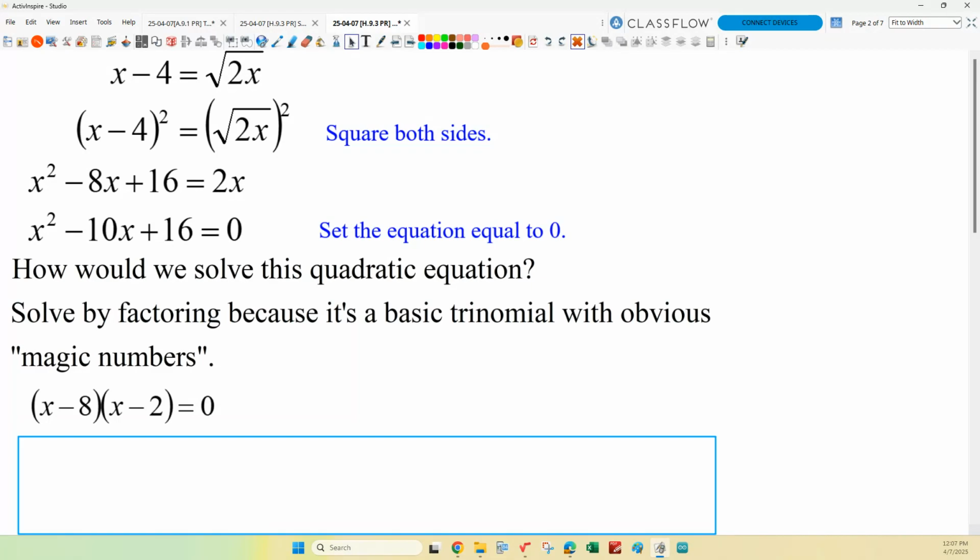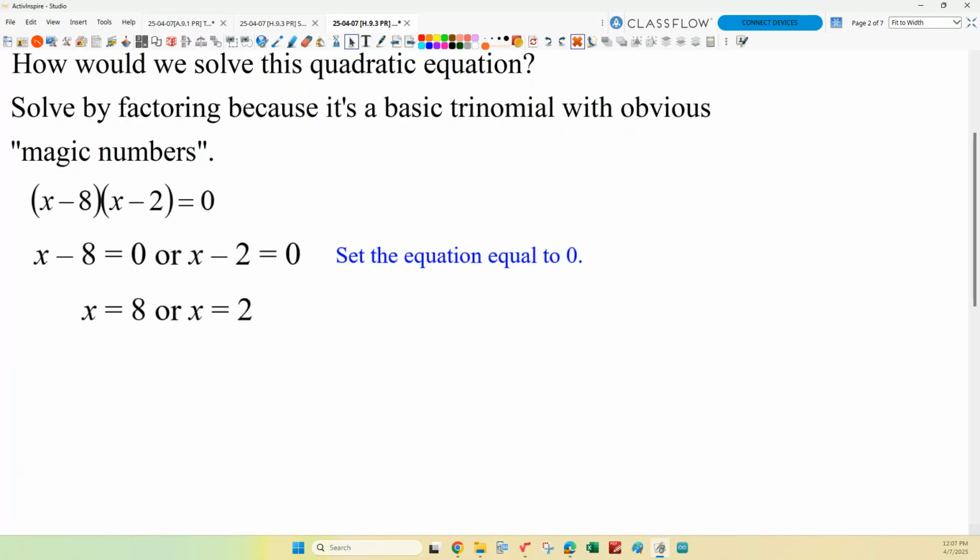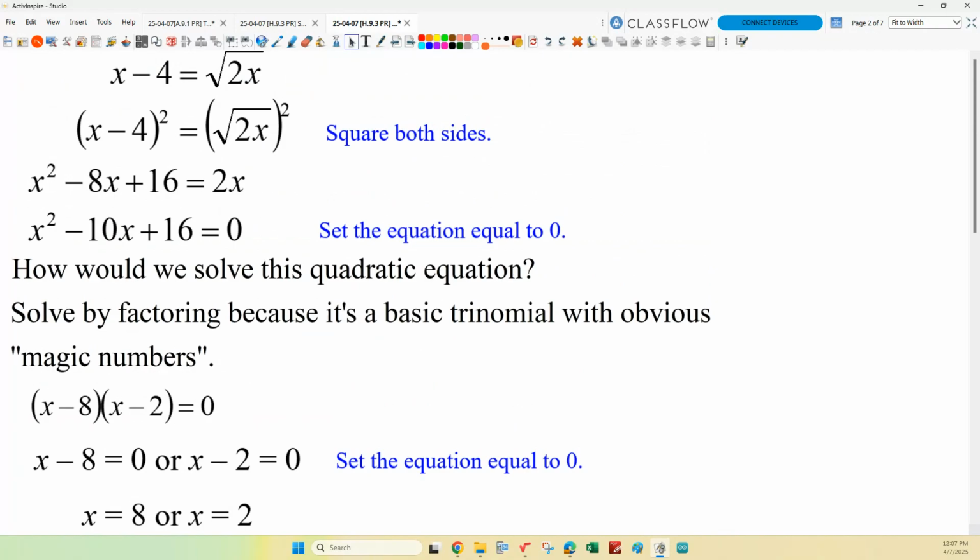And this factors it. So what are my solutions? 8 and 2. There you go, right? Are we done? We're done with the quadratic, but remember where we started. Are both valid?